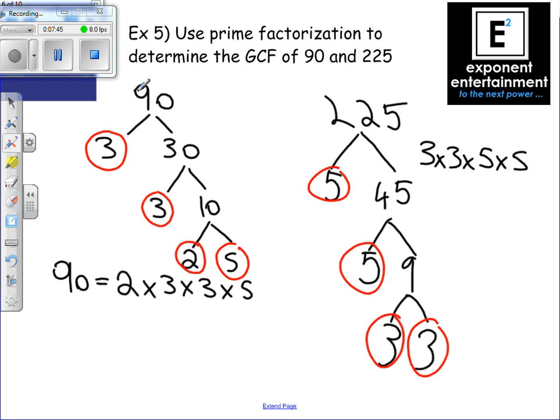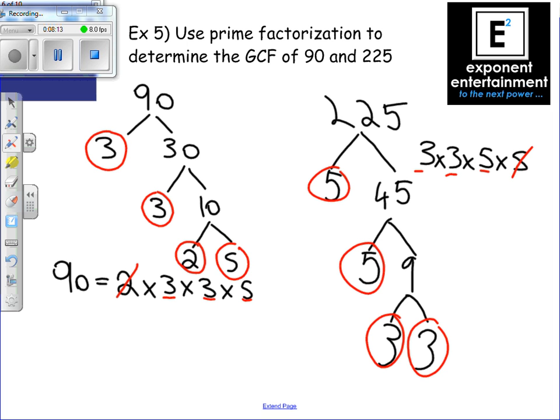There's no 2 in 225, though. So we can get rid of that 2. There's a 3 here. There's a 3 here. There's a 3 here. 3 here. 5 and 5. What do you do with this extra 5 on the 225? Get rid of it, right? It doesn't have a partner matching up. If it doesn't match up, just get rid of it.